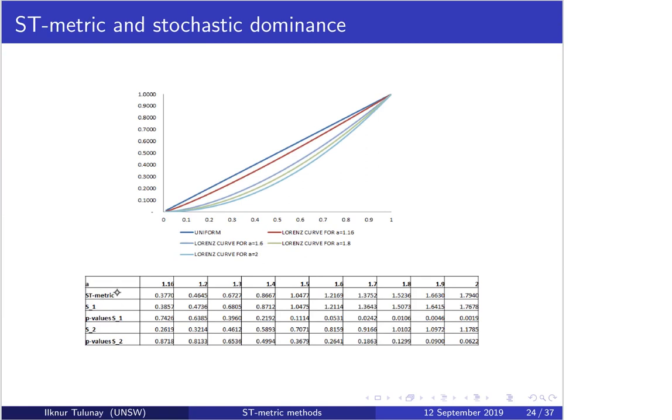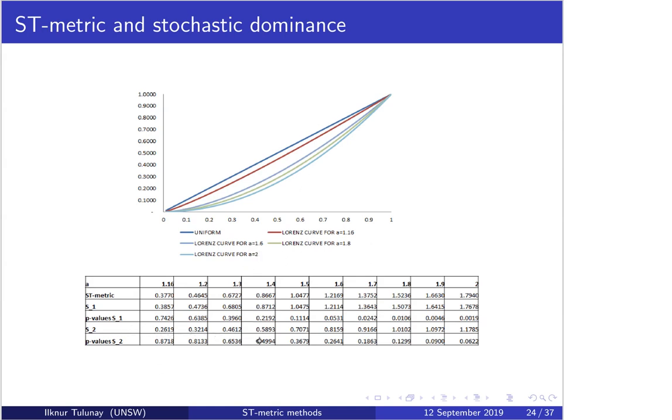So you have the ST metric result, and you have S1 and S2 values. S1 is the stochastic dominance method to decide which distributions are close, and we can assume that they are equivalent, approximately the same distribution.